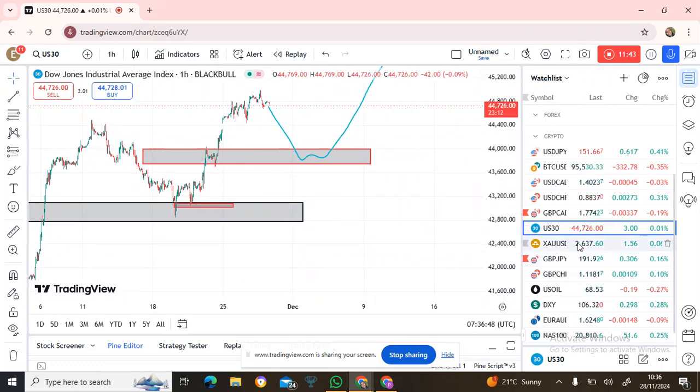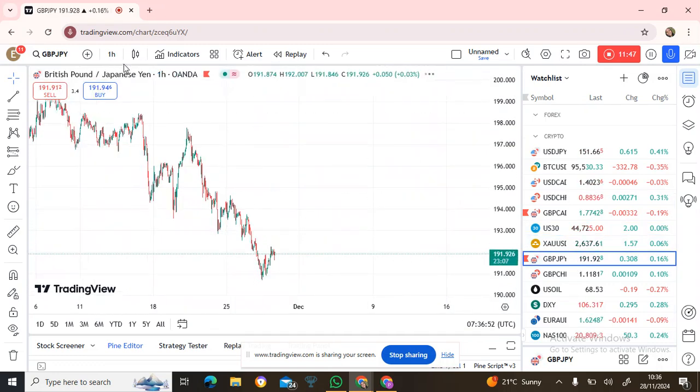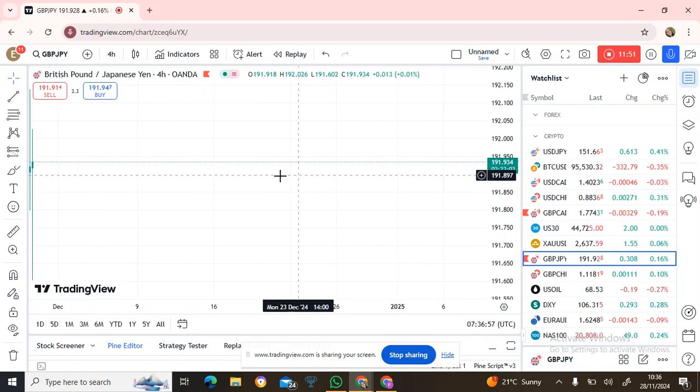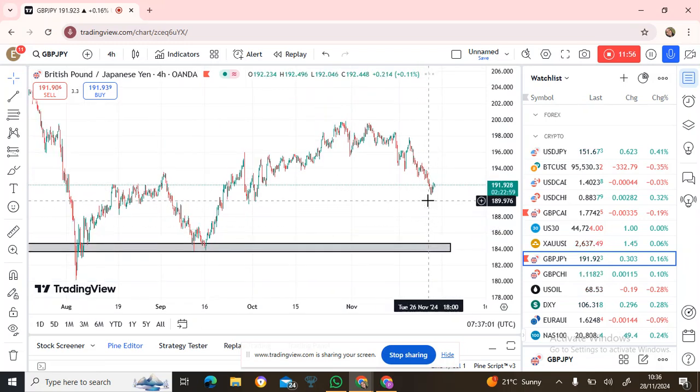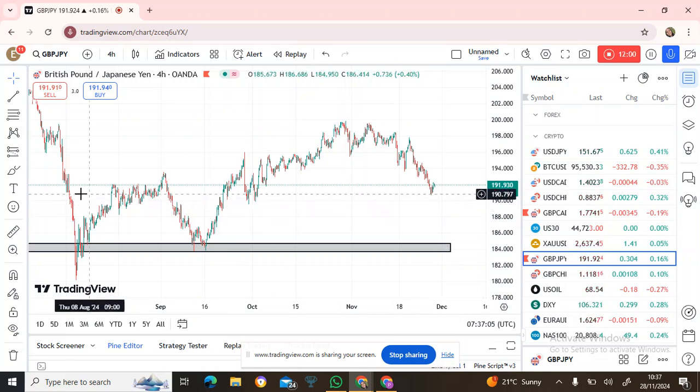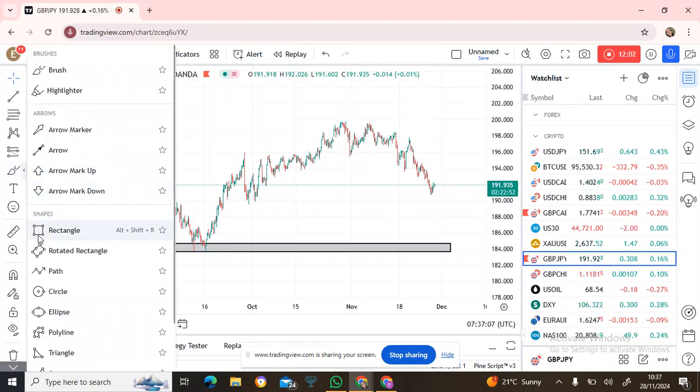Let's check GBP/USD at the moment. I'm not seeing any position to take on GBP/USD. I'll only look for opportunities around this demand zone.